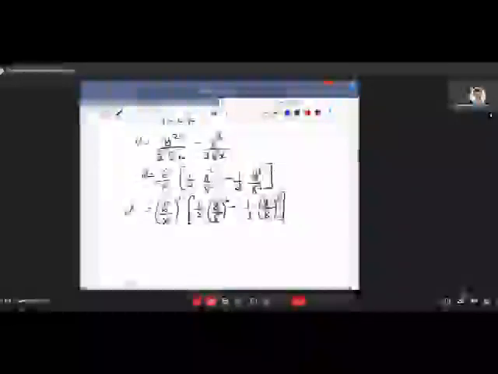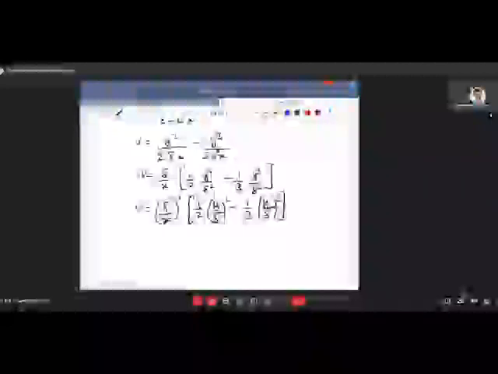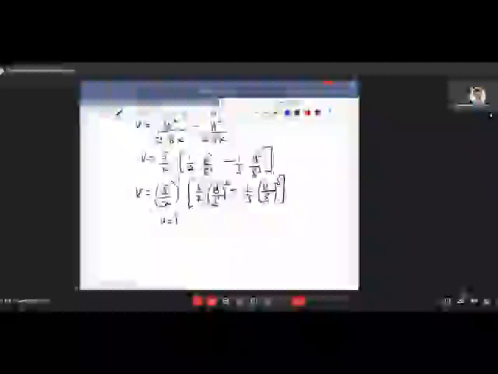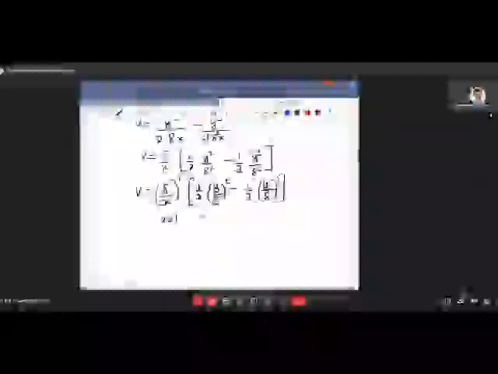This is the equation for the velocity, and from what is asked, that is exactly what we need, where a, b and c, a is the power of delta by x, b is the coefficient of y by delta the whole square, and c is the coefficient of y by delta the whole cube. So the power of delta by x is a equal to 1. The coefficient of y by delta the whole square is b equal to 1 by 2.